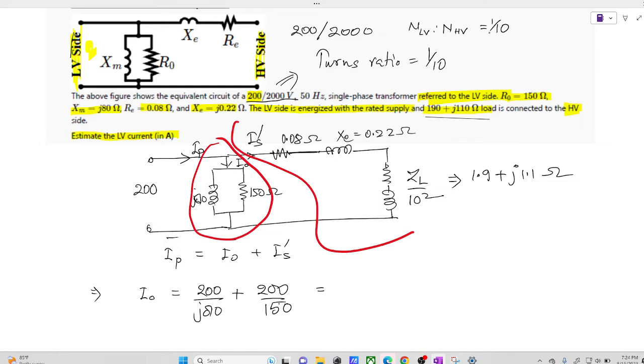Okay, so since this load is connected on the high voltage side, when you reflect this load into the low voltage circuit, we need to divide by 10 square.